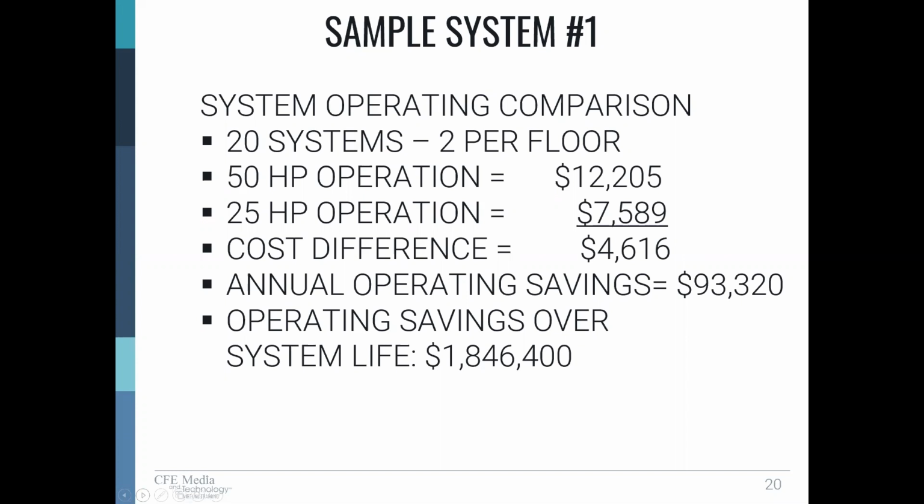And we wanted to project this over the life of the system, which is generally considered 20 to 25 years. We selected 20 years for this analysis. Obviously, if it was 25 years, it would be more savings, but the 20 systems will save $1,846,400 over the life of the building, which suddenly becomes more than just chump change.